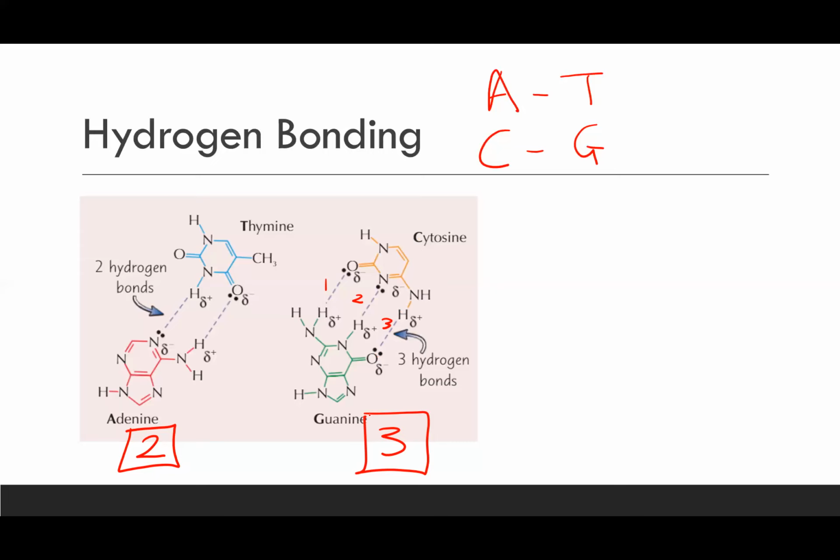So they can pair up too. These are the only possible base combinations. Other base pairings would put the partially charged atoms too close together, so they would repel, or they'd be too far apart, or the bonding atoms just wouldn't line up properly. The DNA helix has to twist so that the bases are in the right alignment and at the right distance apart from each other for the complementary base pairs to form.